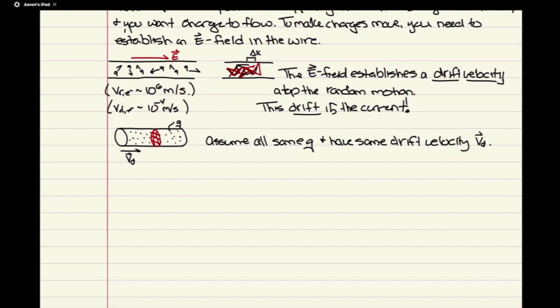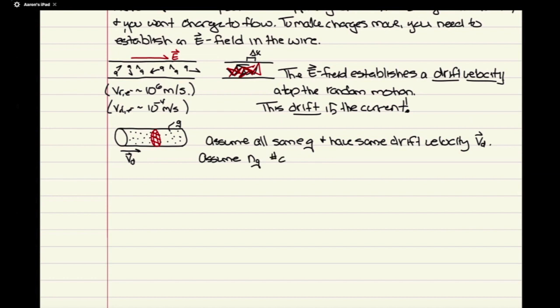Rather than looking at individual particles, we can instead talk about the density of these, in this case, charge carriers. So this is exactly what you would do in, say, a thermodynamics or a fluid dynamics course. We'll assume there's some number density n sub q.